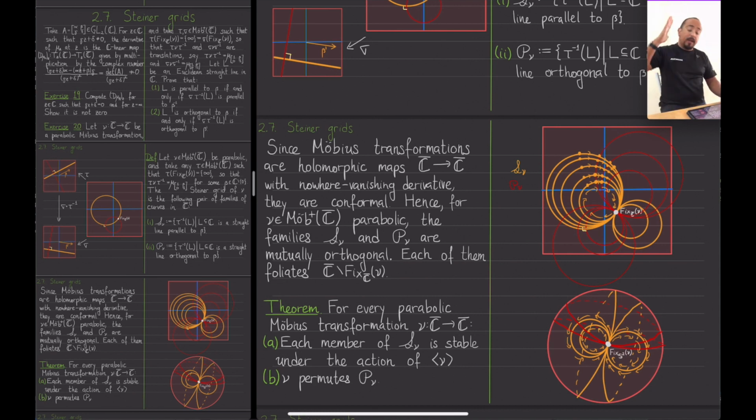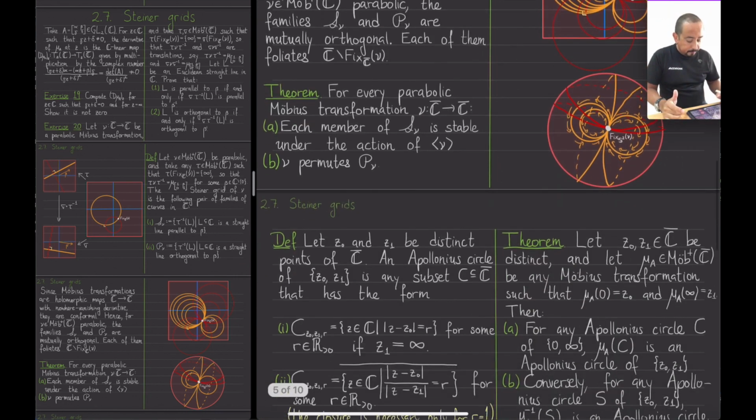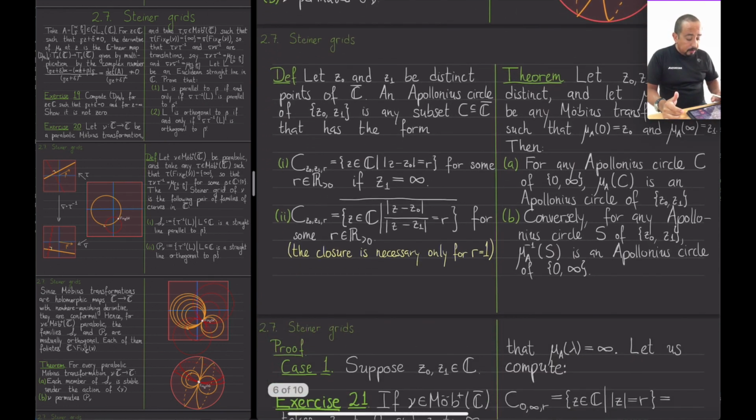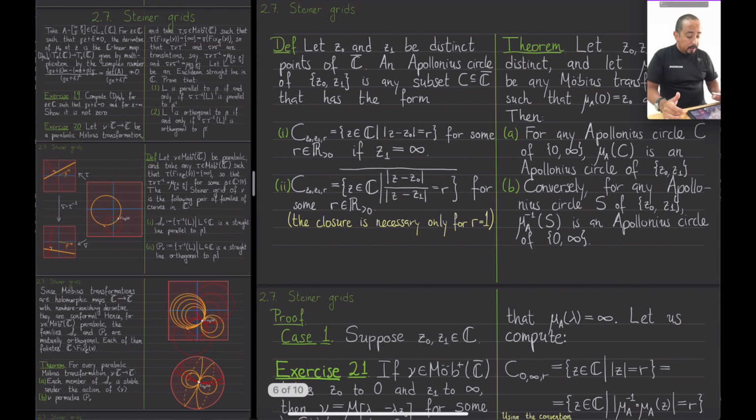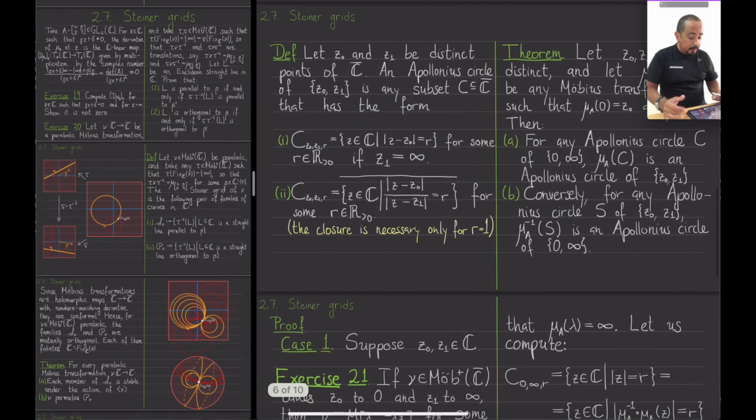What I pretty much did was just map what I already knew for translation to an arbitrary parabolic transformation. So now let's go to the other transformations, the ones that have exactly two fixed points. First I define everything in terms of just a pair of points, and then I go to the transformations.